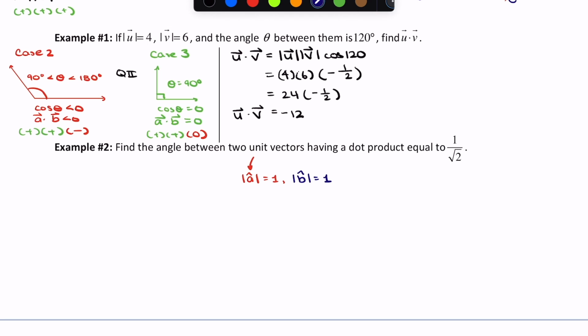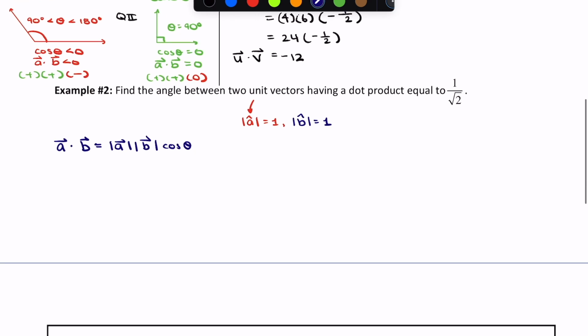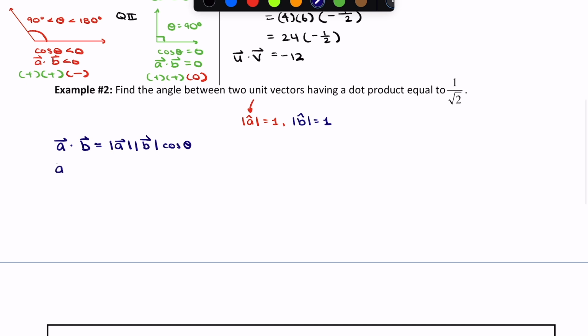So here, vector A dot vector B is equal to the magnitude of A times the magnitude of B cos theta. Here we're looking at the unit vector A dot the unit vector B is equal to the magnitude of unit vector A and the unit vector B cos theta.